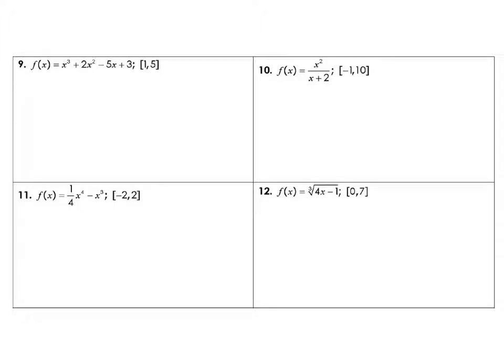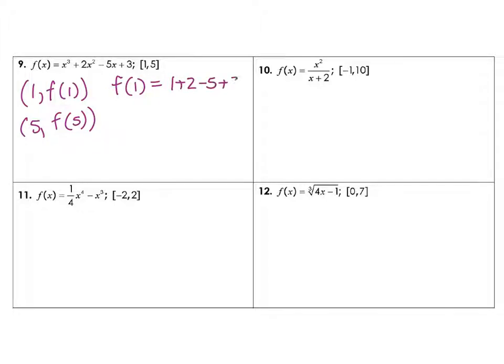Right, so here, whenever we, again, start plugging in, we have 1 comma f at 1. And then we have 5 comma f at 5. And so whenever we substitute in f at 1, it looks like we're going to end up with 1 plus 2 minus 5 plus 3.